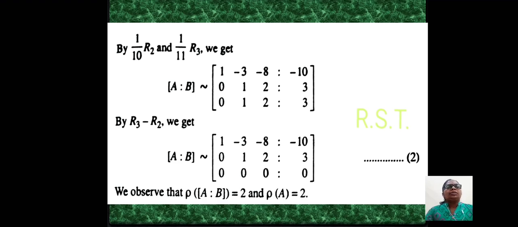Here we observe that the rank of this augmented matrix is 2 and the rank of matrix A is also 2. Why is this rank 2? Since the number of non-zero rows is 2. Hence the rank of matrix A is 2, and the rank of the augmented matrix is 2.